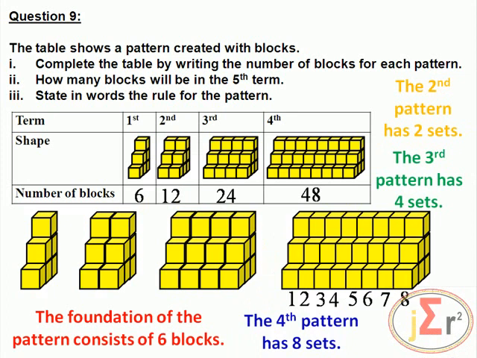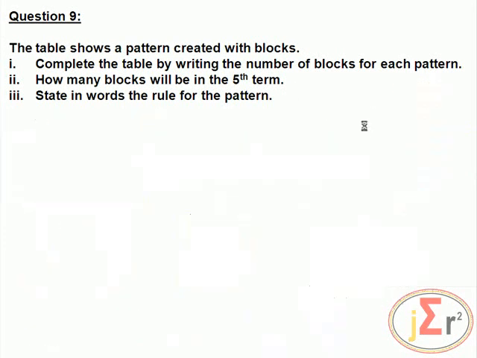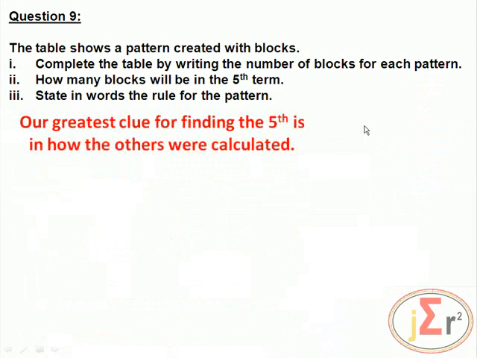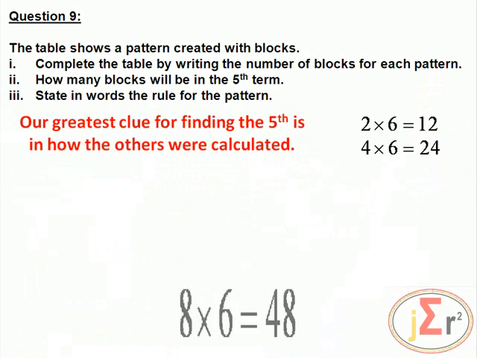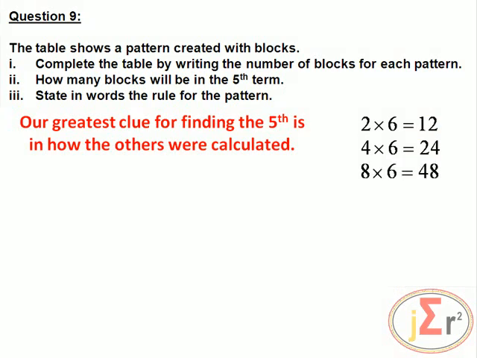Now, after completing the table, we are required to say how many blocks will be in the fifth pattern. Our greatest clue for finding the fifth term is in how the others were calculated. So let us take a look at how the others were calculated, and we will be able to tell the number of blocks in the fifth pattern.